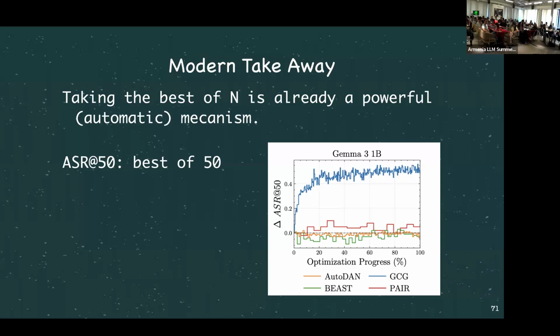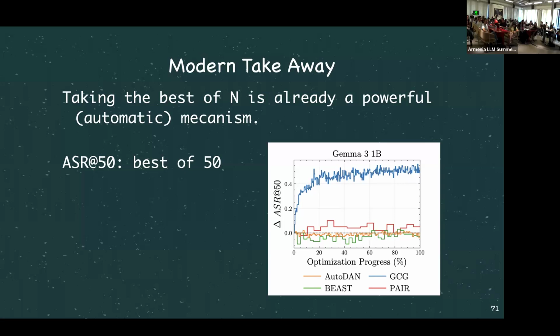And basically what this plot is showing, from a position paper of colleagues, is that a lot of attacks are actually only as good as asking best of 50. So in some sense, their search was mostly just changing the input and doing random search. The spirit is that these attacks are doing nothing much more than asking the model until it complies.